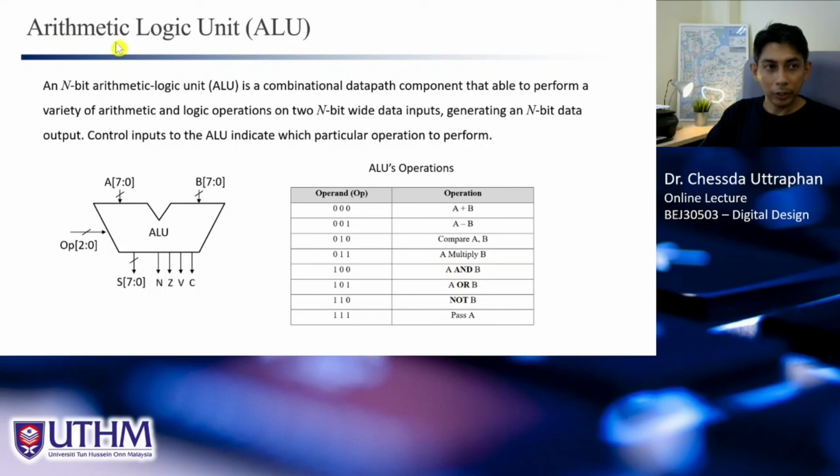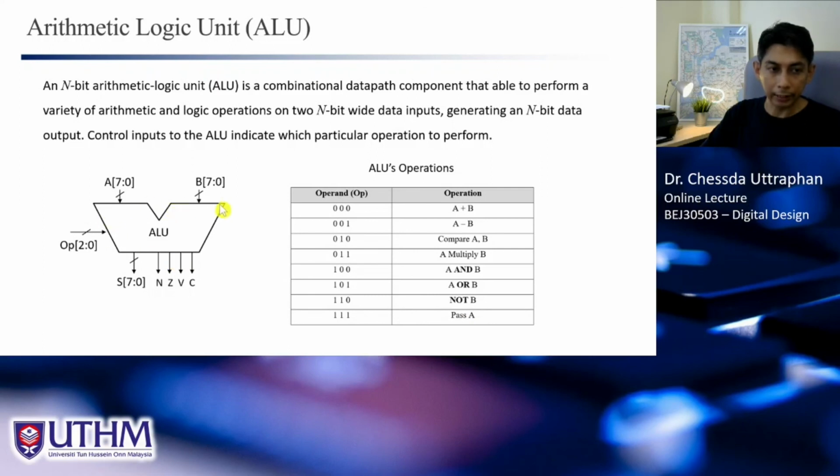And of course, because the name is arithmetic logic unit, it can perform arithmetic operations and also logic operations, the AND, the OR, the XOR, depending on the size or the type of the ALU, right?